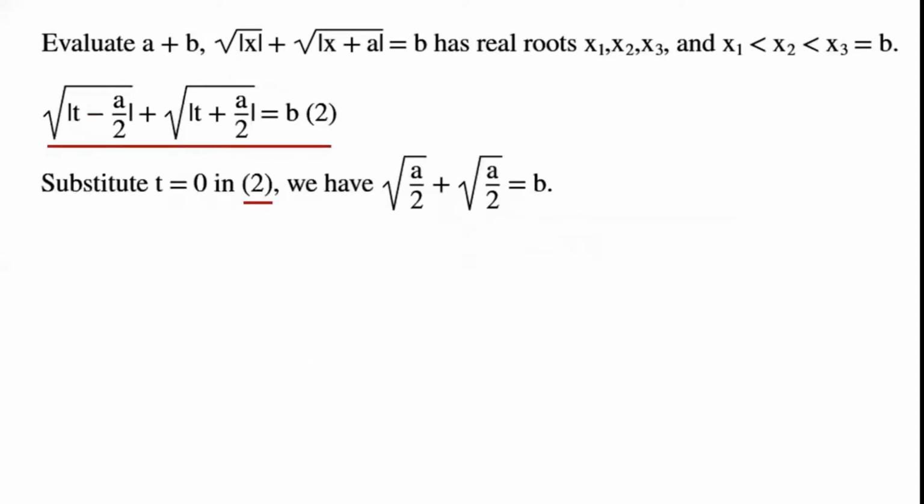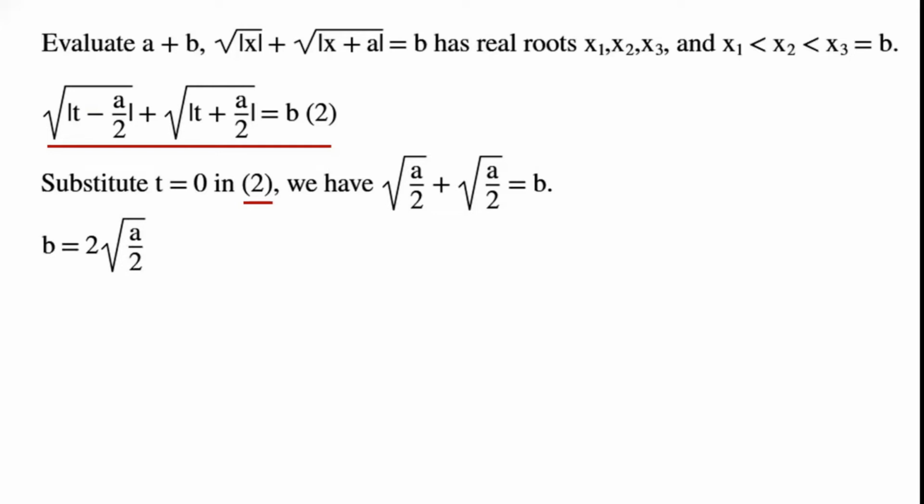Substitute t equals 0 in equation 2. We have root of a over 2 plus root of a over 2 equals b. By simplifying the equation, b equals 2 times root of a over 2.